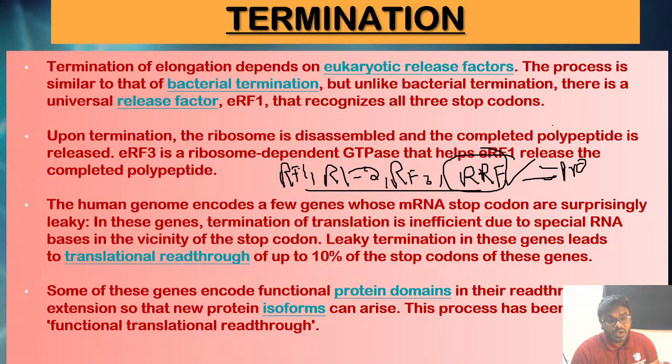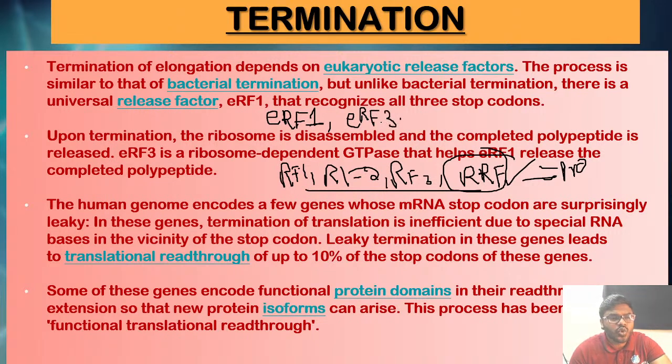But friends, when you look into the eukaryotic translation termination process, there is no involvement of that many termination factors. There is an involvement of just two termination factors, that's all. One we call eRF1, another one we call eRF3.